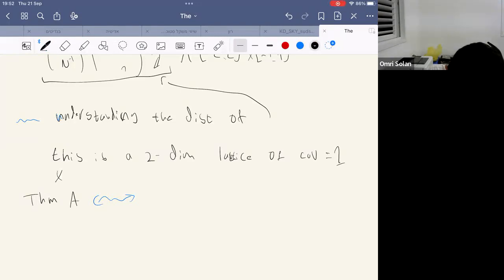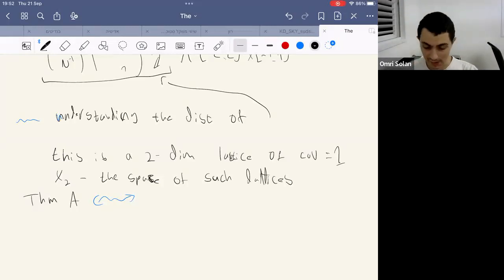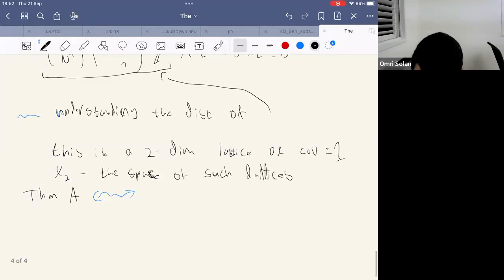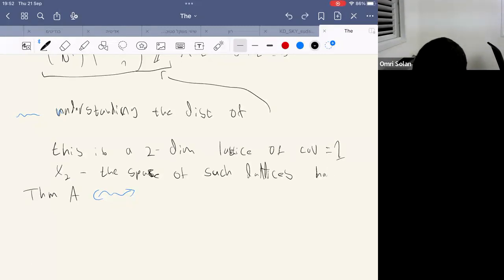A two-dimensional lattice, denote X2 the space of such lattices of dimension 2 of covolume 1, and it has a Haar measure. Okay.